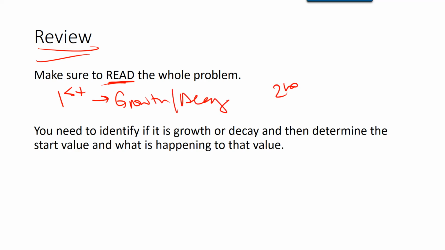And on our second read, we are finding the A and the B value to write an equation. Okay. The second thing I said here, you need to identify if it's growth or decay. That's what I was just talking about. This is our first read, and then determine the start value, which is the A, and what's happening to that value, B, on the second read.